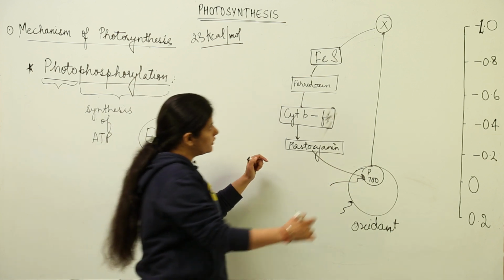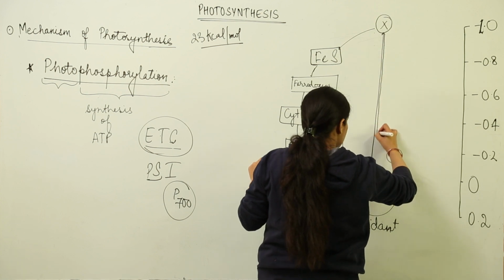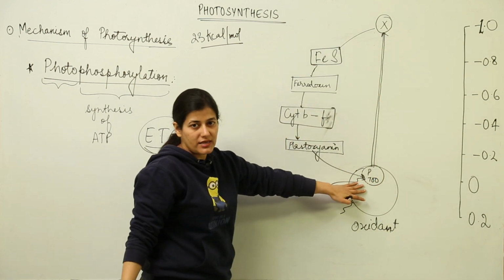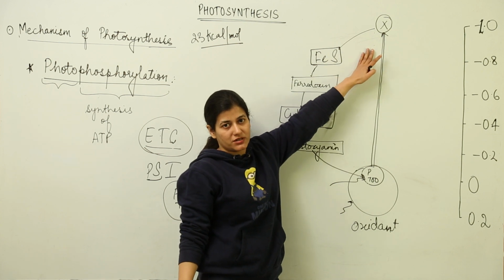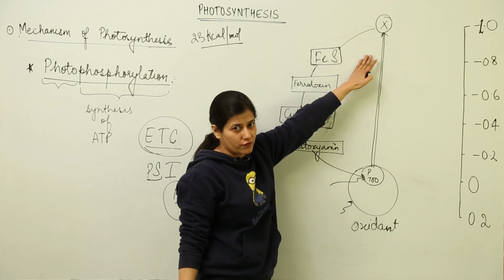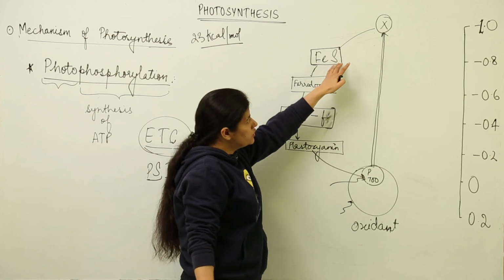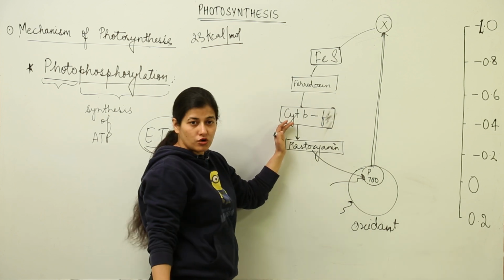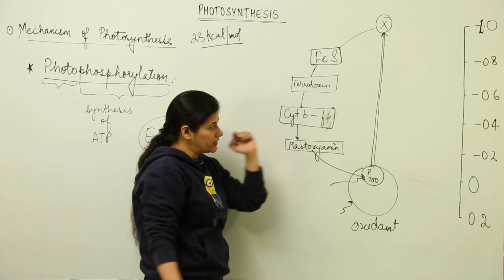So what you see over here is that the electron has traversed a cycle, where it got excited from P700, that is photosystem 1, to an electron acceptor, that is agent X, a special type of chlorophyll which becomes a reducing agent. It gives the electron to FeS, then to the Ferredoxin complex, then the cytochrome BF complex, then to plastocyanin, and then back to P700.